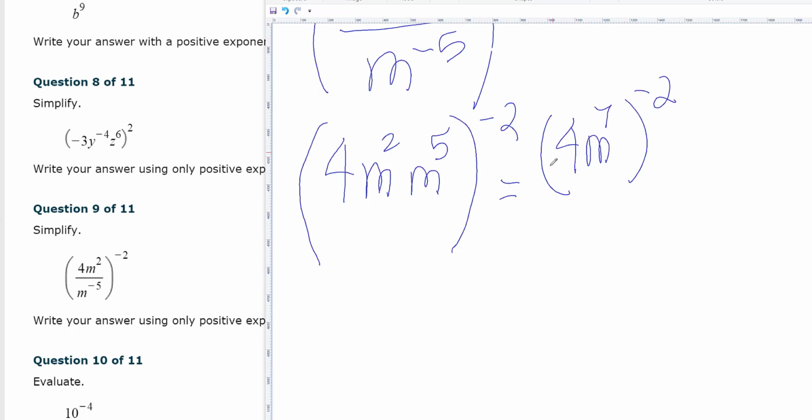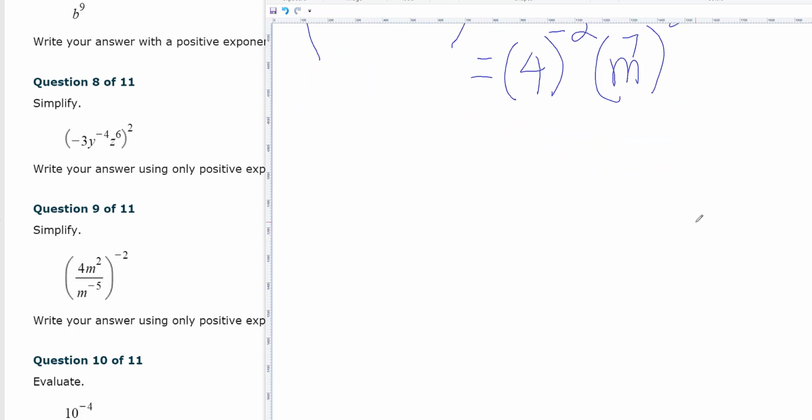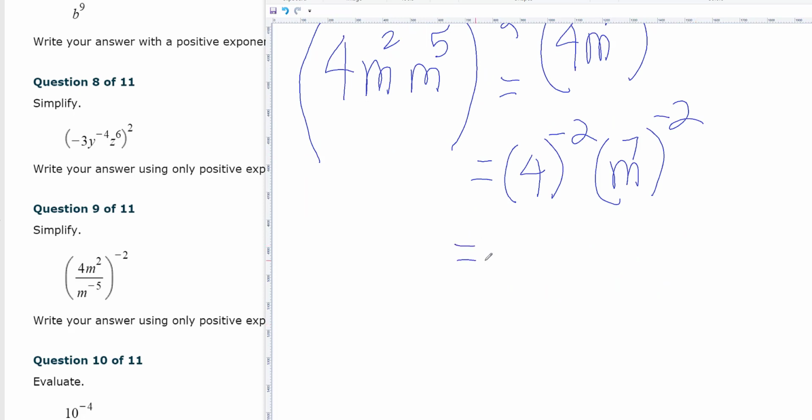When you have more than one factor raised to a power, you have to raise them all, and let's leave it in parentheses. Parentheses are always safer than not having parentheses. If they're extra and you don't need them, no big deal. But if you really need them, it's a big deal. So this is going to be 1 over 4 squared, and this is going to be 1 over m to the 7th squared.